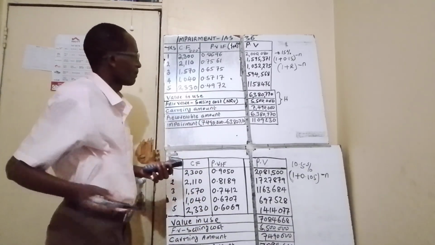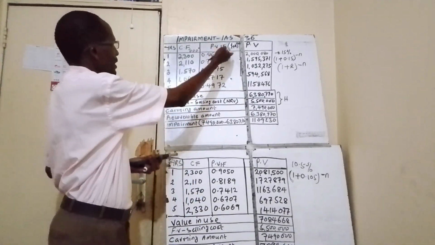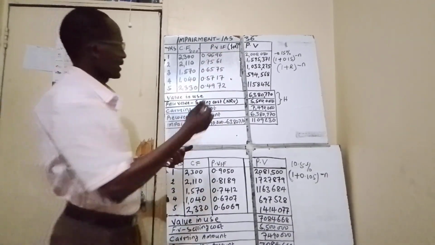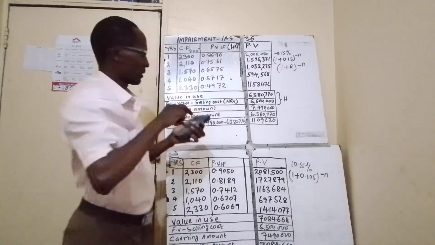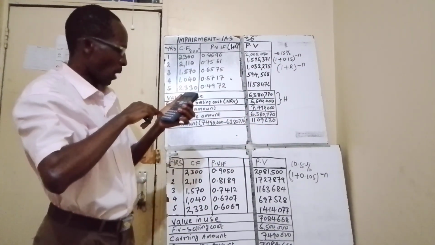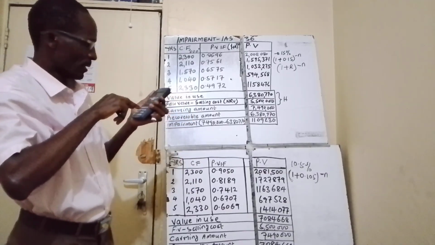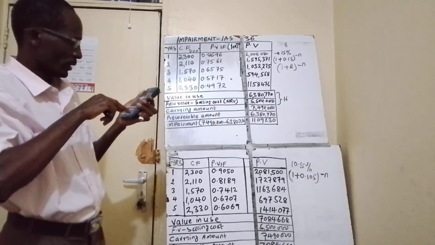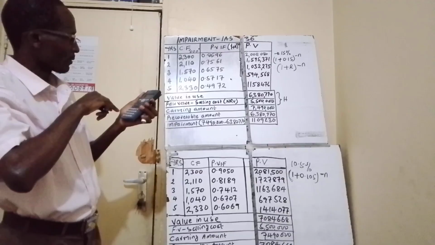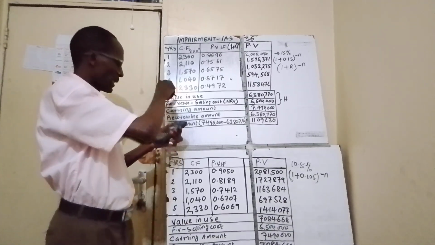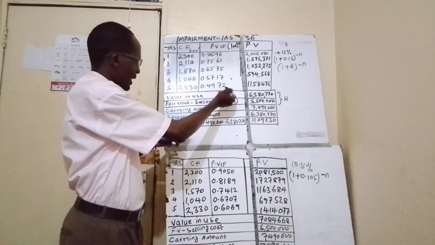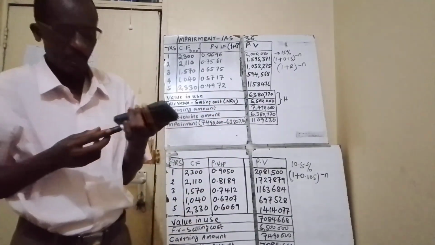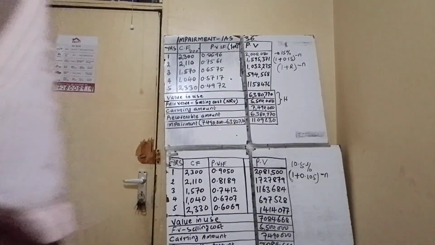Now let me try year 5. You can try the others. For year 5, because this is 1 plus 0.15, that means 1.15 raised to negative 5. You raise by negative 5. You want to see for year 5. You get 0.4972. That's what you expect to get for year 5.